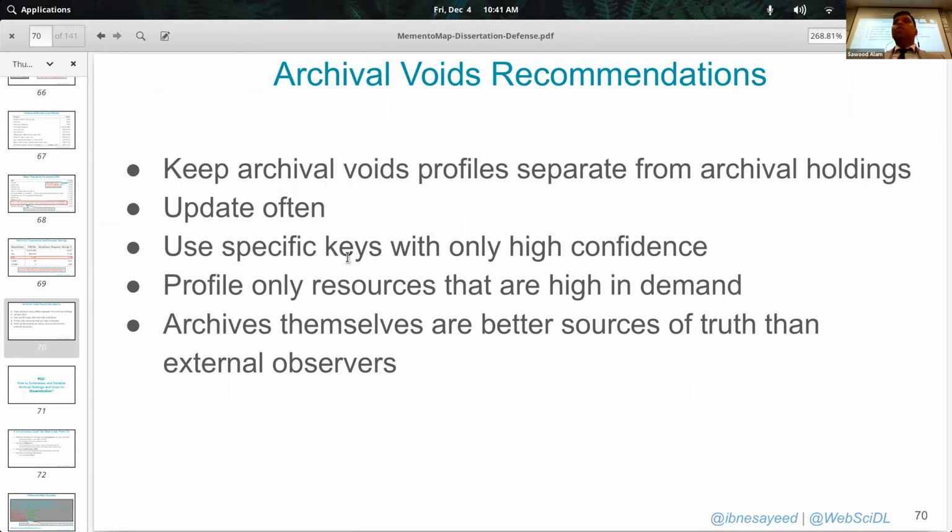So you reduce that to a smaller number, and now all those good things that were actually present, you are introducing those as false negatives. So in archival voids, we really need to be very, very strict: we only use longer keys and things that are more frequent. Again, there are costs associated with these things, like how often you are going to update them. If you update more frequently, then it doesn't matter.